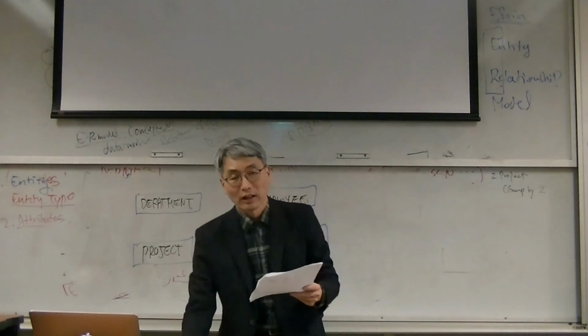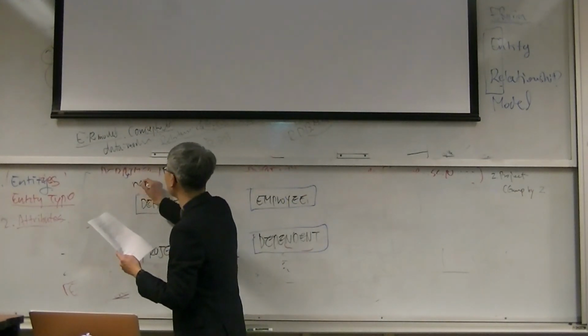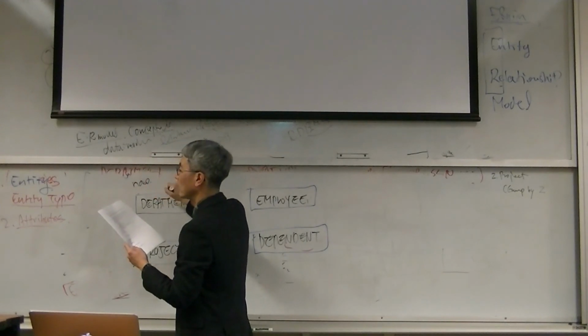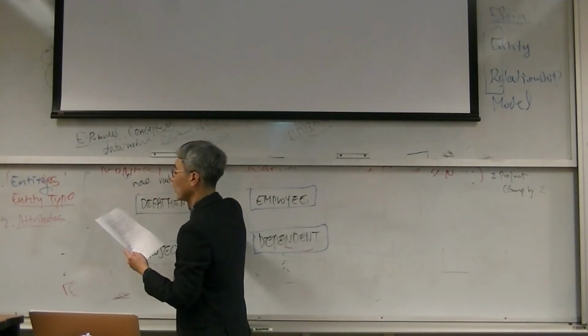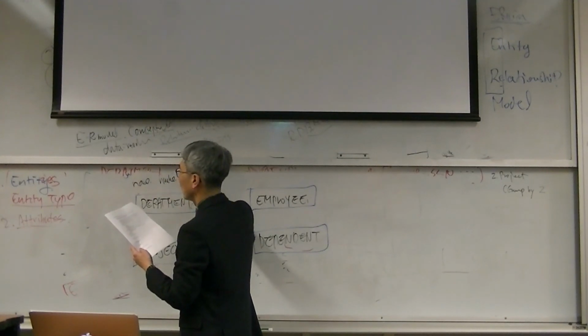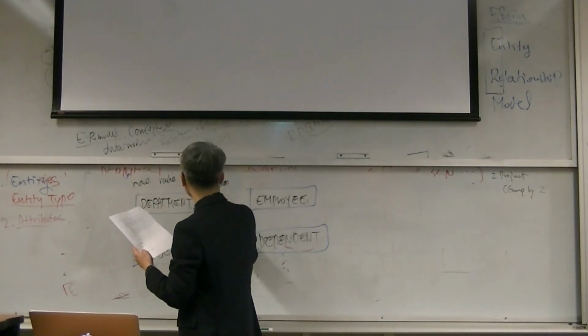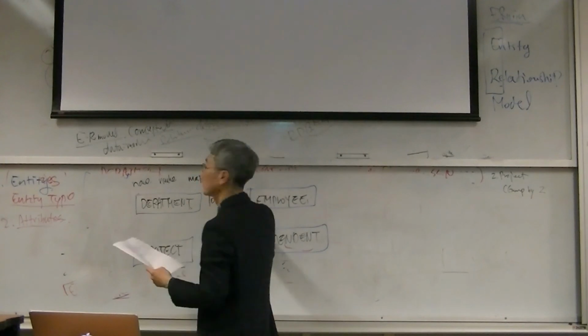So then the last one, attributes. Department has a name and number and manager and start date and the location. Okay.